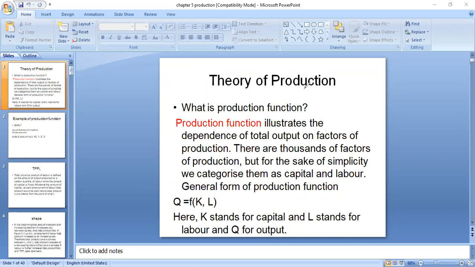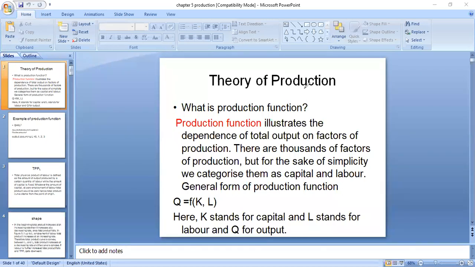So the production function shows the relationship between your output and your factors of production. You see that in the slide, Q equal to function of K, L. K means capital and L means labor. So your total output is the dependent variable. Function means what?